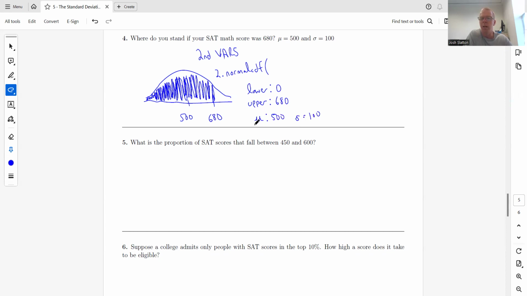If you don't have that menu on your calculator, you type in these 4 numbers in that order, separated by commas. The comma is right above the 7. So 0, comma, 680, comma, and so on. Then you hit enter, and we should get 0.964.